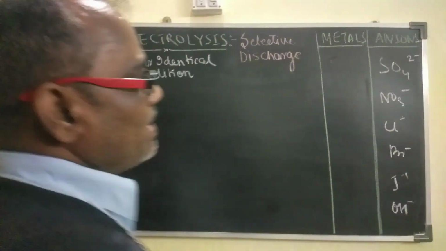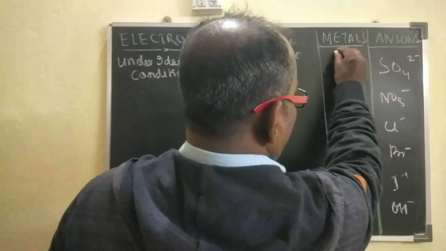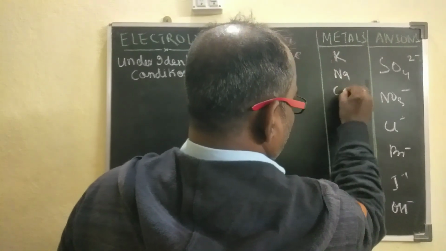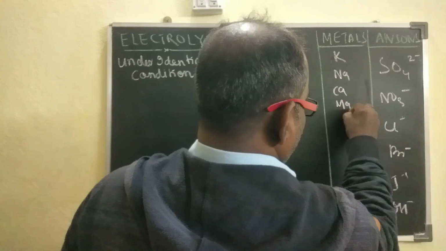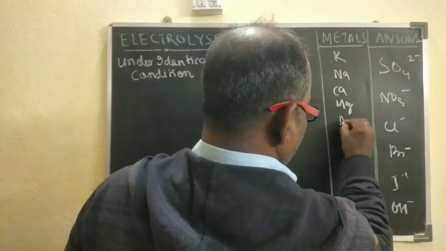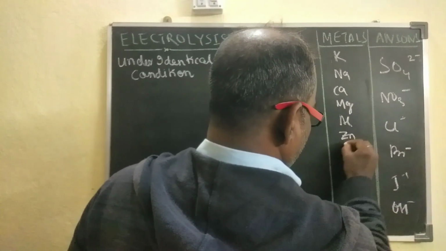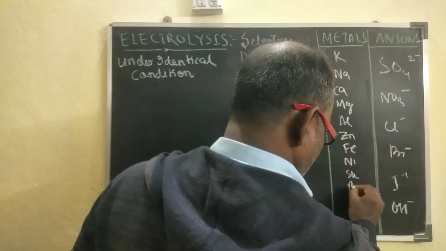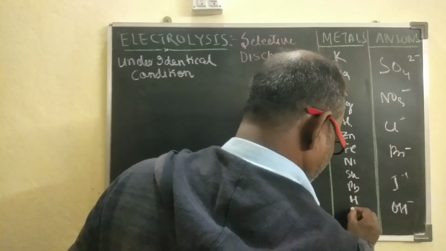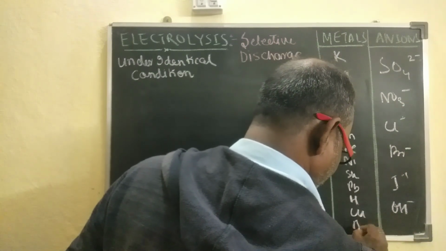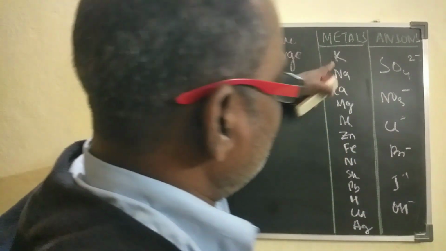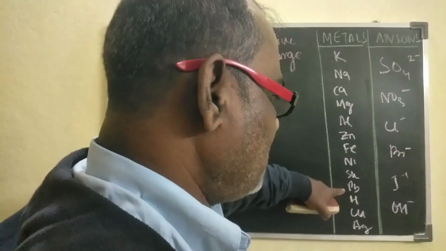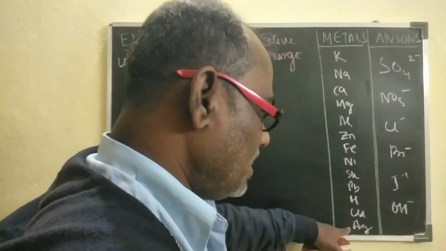And in metals, the electrochemical series starts with potassium, then sodium, calcium, magnesium, aluminium, zinc, iron, nickel, tin, lead, hydrogen, copper, silver.